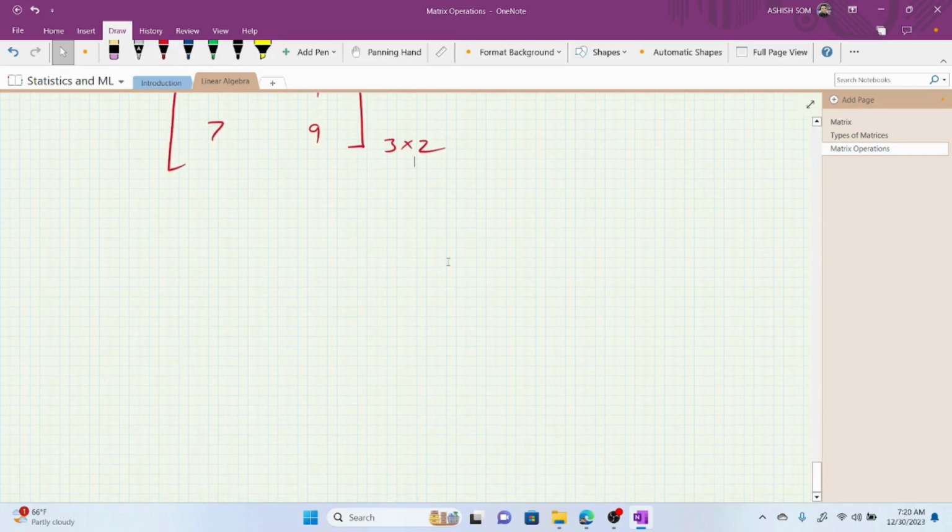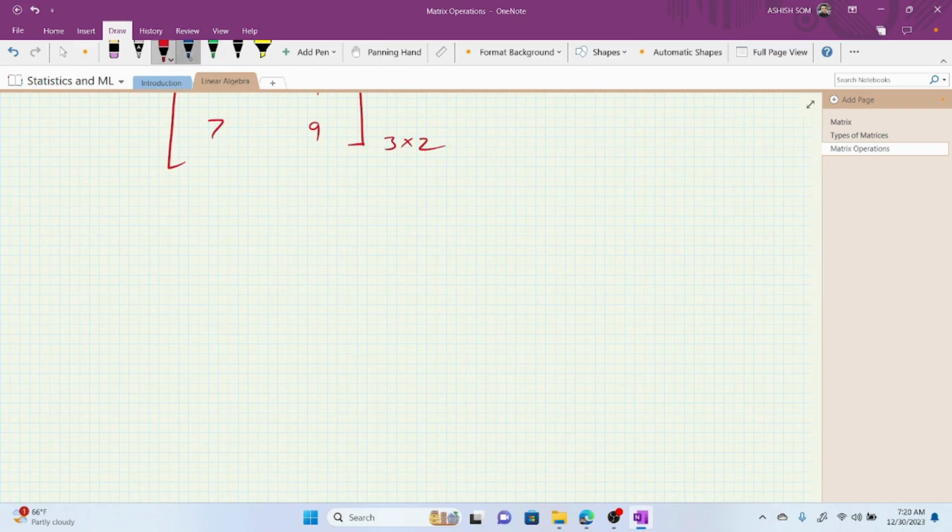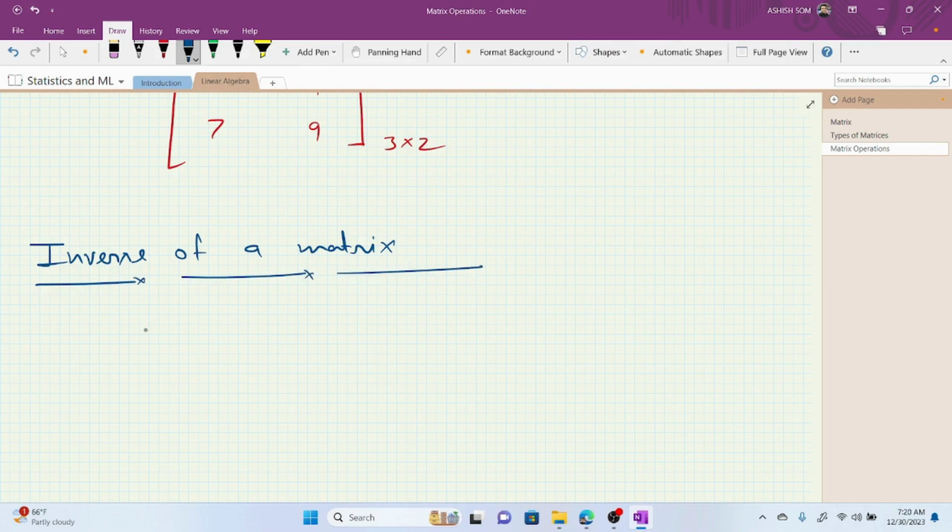Now the next thing we can see is the inverse of a matrix. What is the need for the inverse of a matrix? Suppose I have three equations. Let's say x plus 2y plus 3z equals 15.